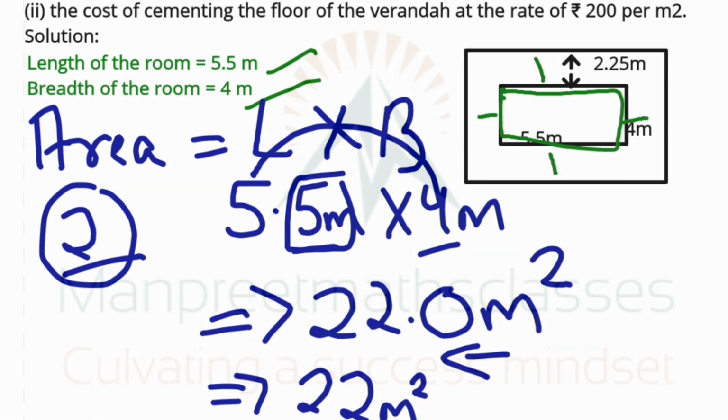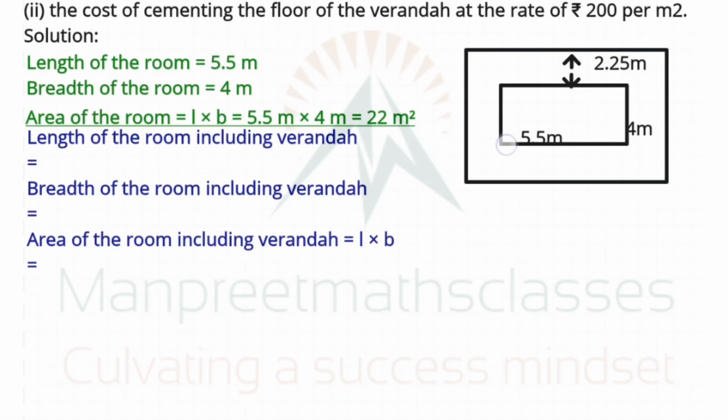Now our next step is to find out the length of the room with veranda and the same for breadth of the room. Then we will calculate the area of this outer rectangle. To find out the length, what is the length of inner room? 5.5. Now we need to add this 2.25 this side and 2.25 this side.